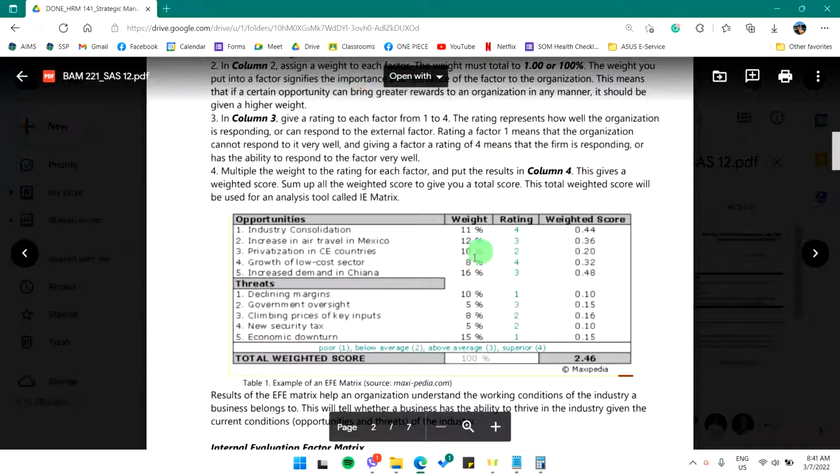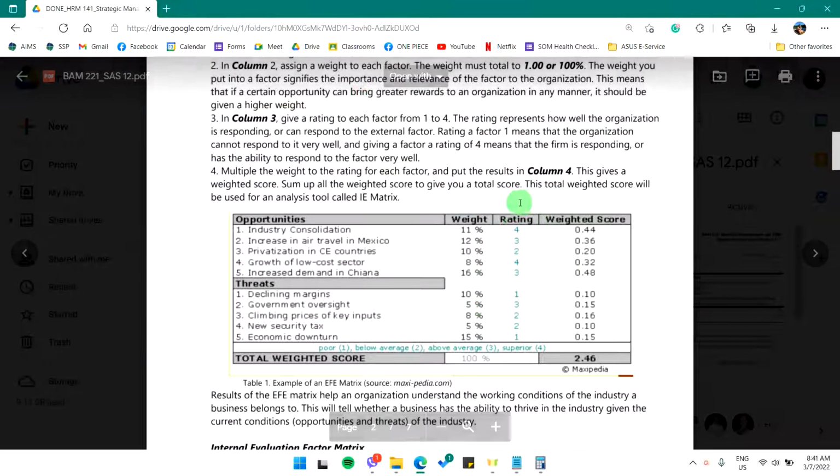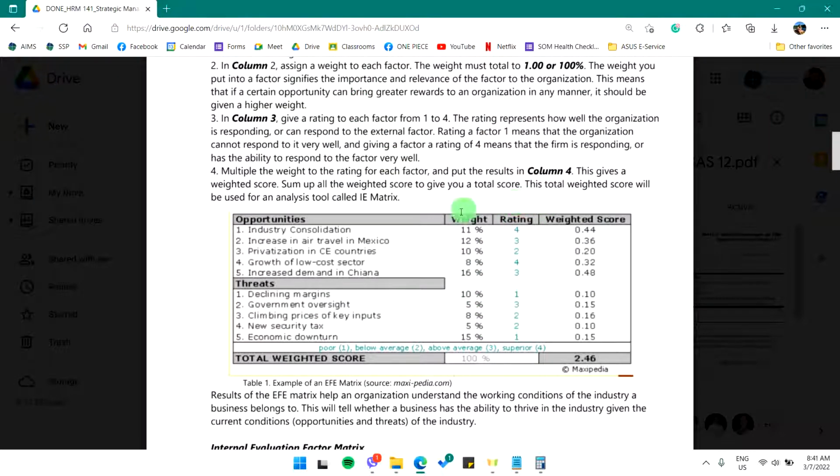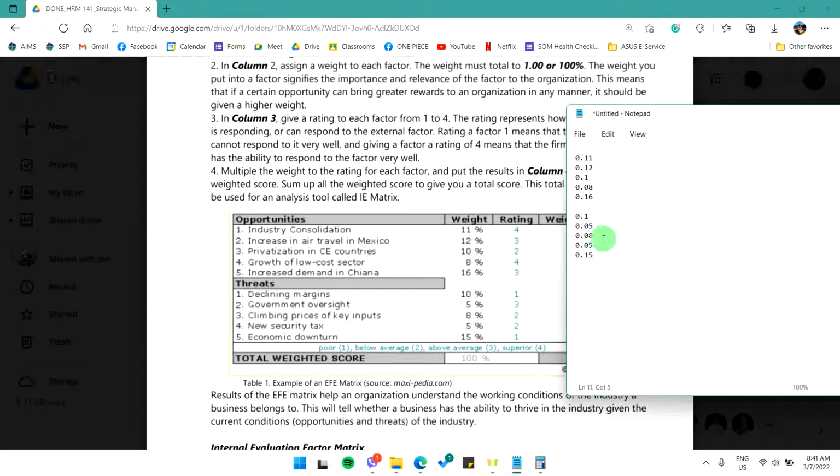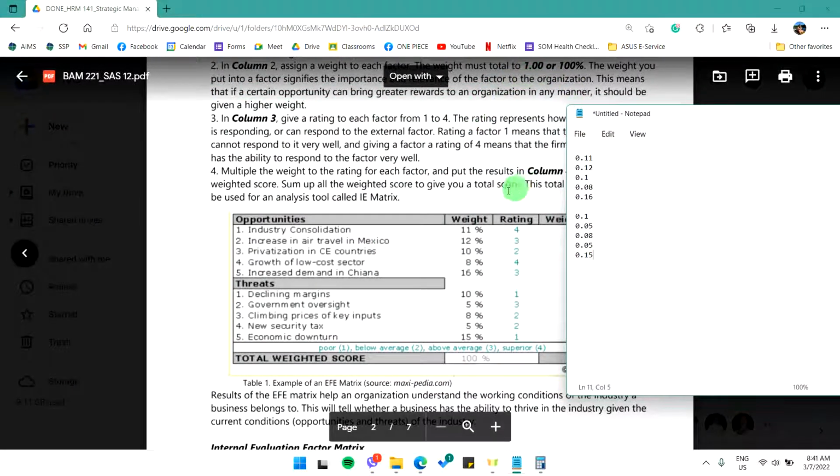So, ganun lang siya, no? You can either put here percentage with a total of 100%. You can also put it here like this, like the decimal points, para maging equal siya to 1.00.